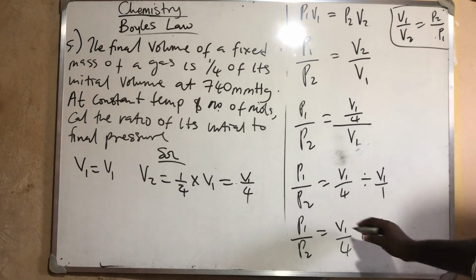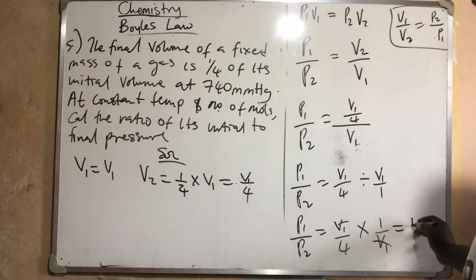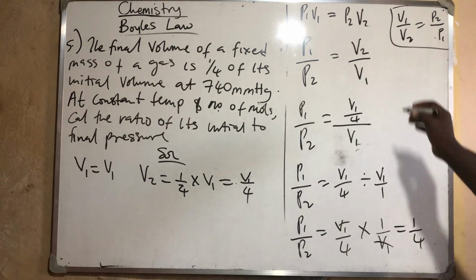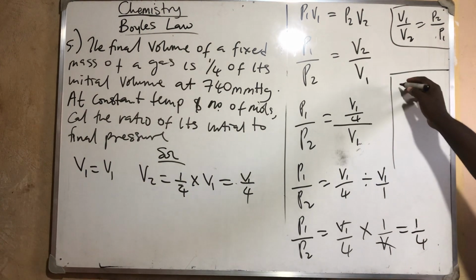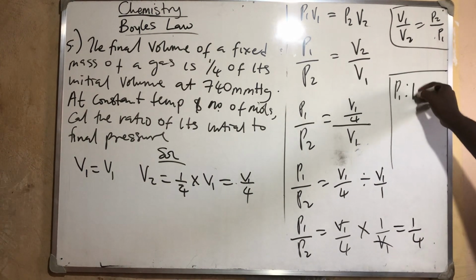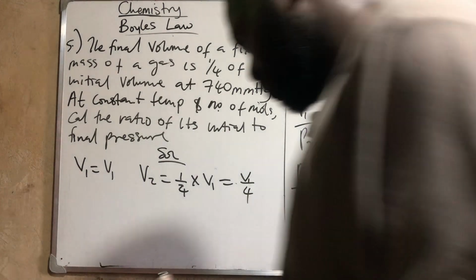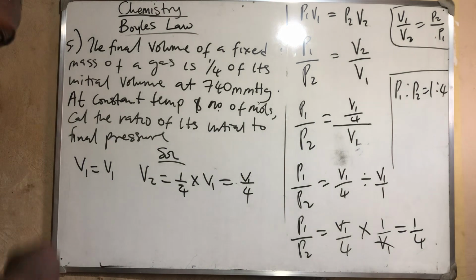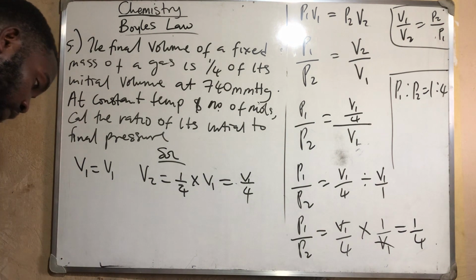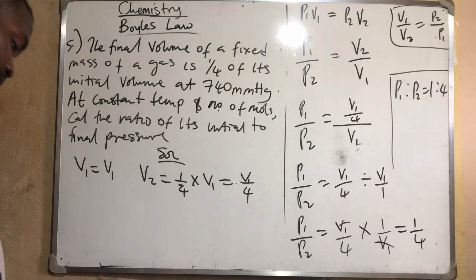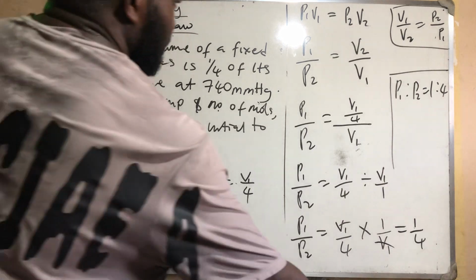So this one will cancel this to have 1 over 4. So the ratio P1 is to P2 is equal to 1 is to 4. So that is the ratio between the two of them. All right. So that is that.